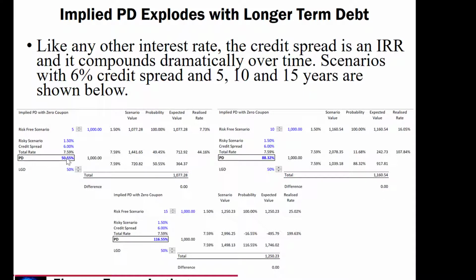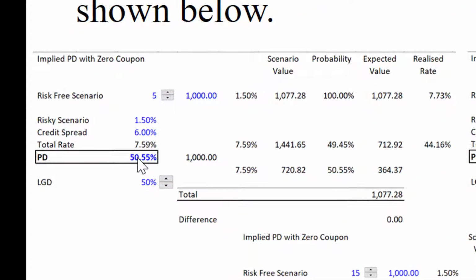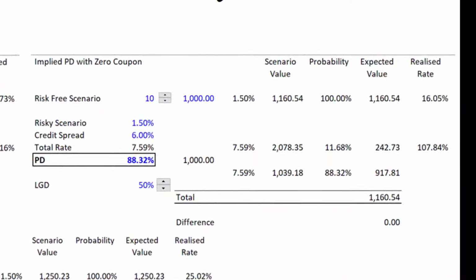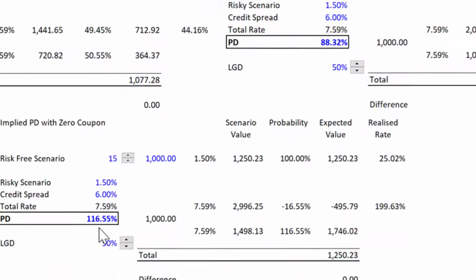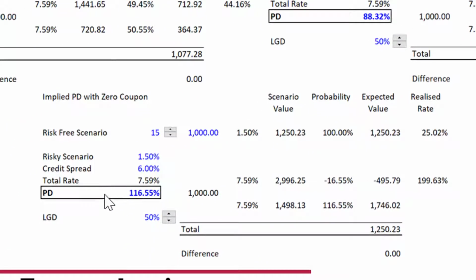So if I use the goal seek to compute a 6% credit spread, 5 years it has a 50.55% implied probability of default. I take this through people in Africa all the time. 10 years it has an 88%. 15 years it's more than 100%, which it can't really be.